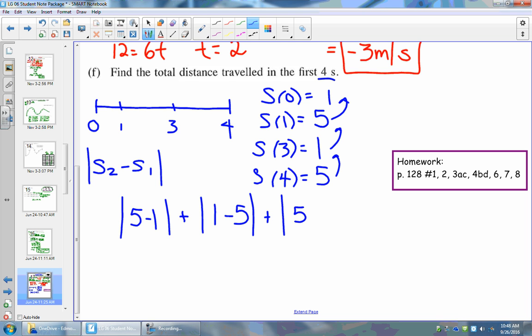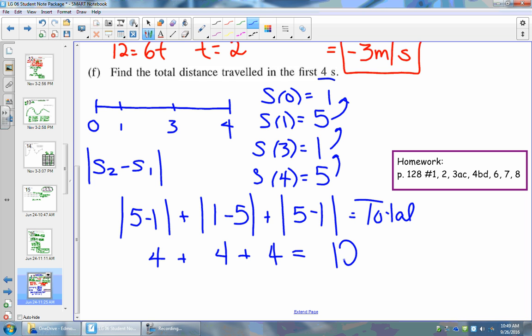Plus 5 minus 1. And that's going to be equal to our total distance. Well, 4 plus 4 plus 4 gives us 12 meters. So the particle has traveled 12 meters in the first 4 seconds.